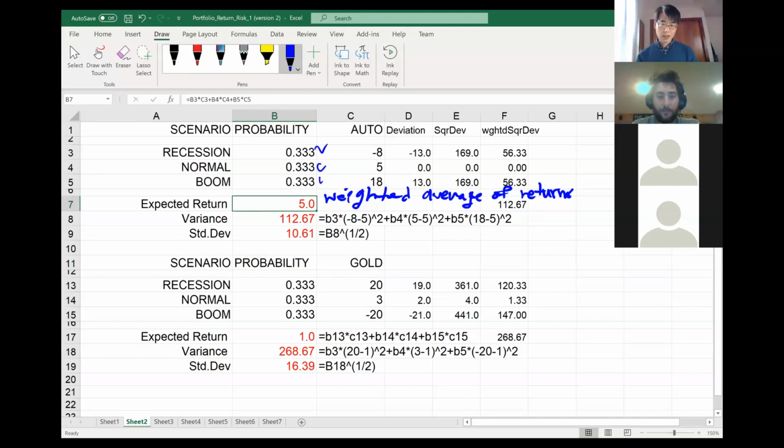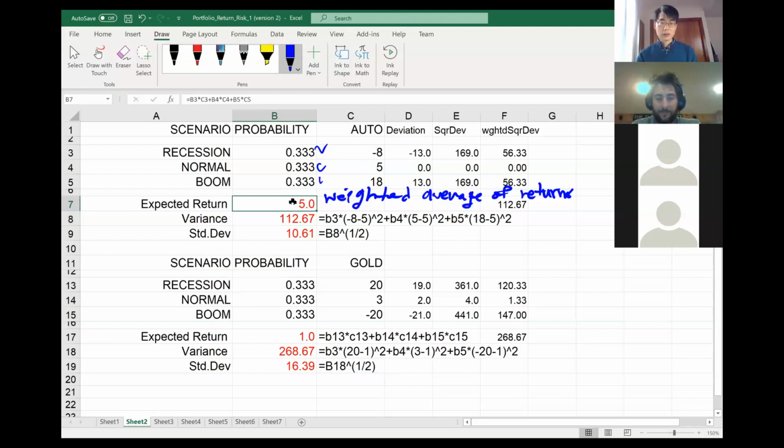So probability is used as a weight in this case, right? So the expected return is 1/3 of -8 plus 1/3 of 5 plus 1/3 of 18, right? So in case of an automobile, the expected return is 5%.